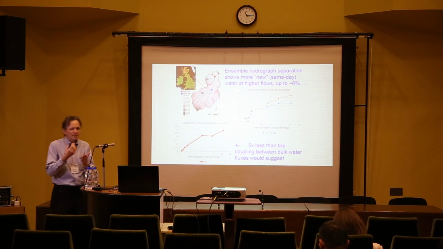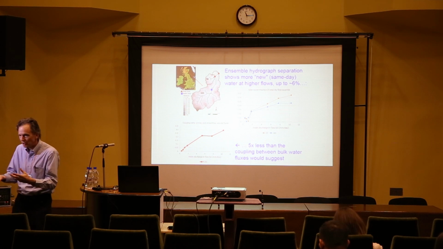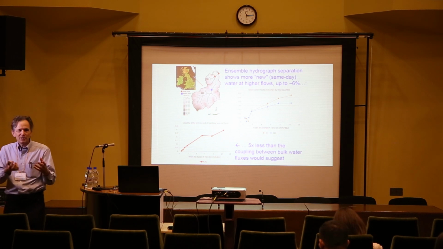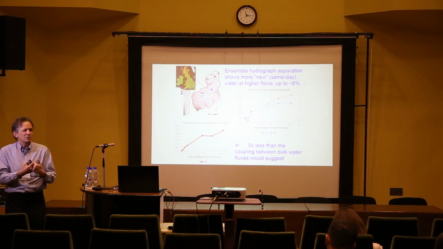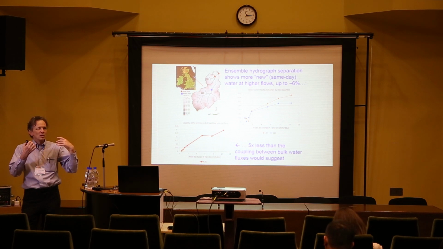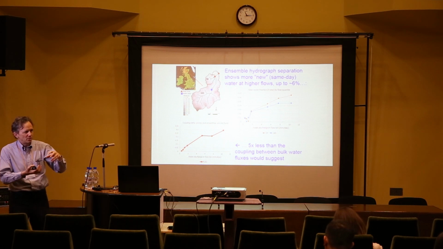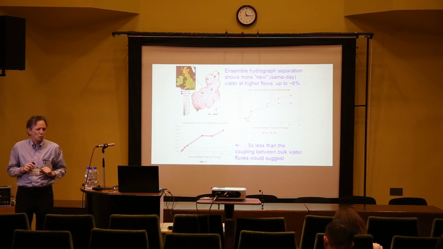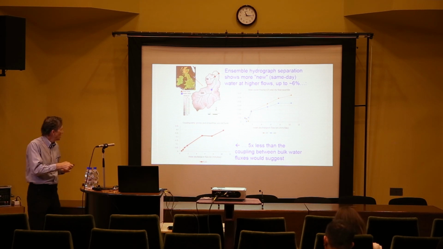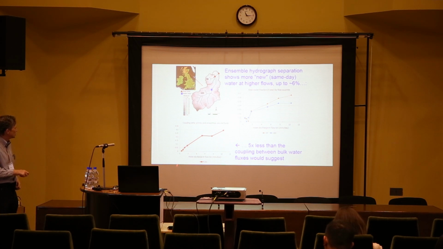We can do the same analysis looking at the coupling between rainfall rates and stream flow rates. And that's not telling us how fast water moves through the system, but it's telling us how fast the hydraulic potentials of precipitation are propagated through the system. It's showing us how fast the pressure waves move through the system. And if we do that, we get a similar graph, but on a completely different scale.